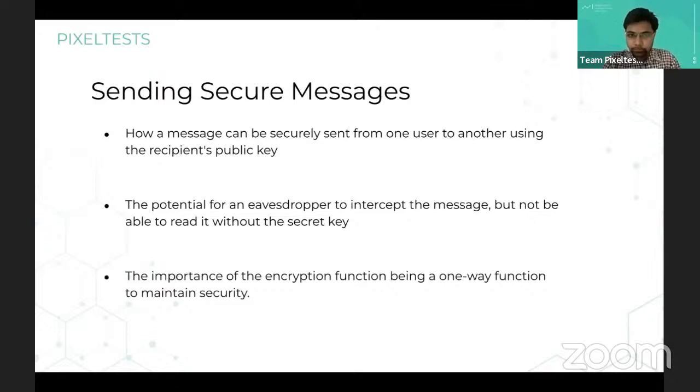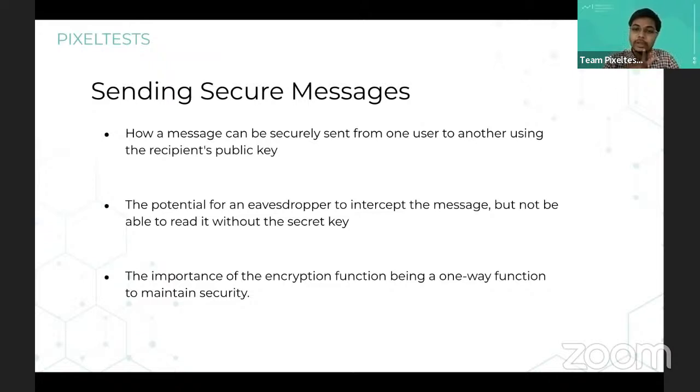And we also understood the importance of this encryption function, because this encryption function is a one-way function. What we mean by one-way function is, you can encrypt whatever message it is, and whatever ciphertext is generated will not be easily decrypted, because that algorithm without the secret key is very tough.